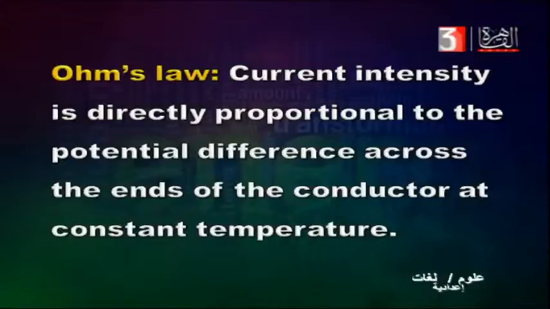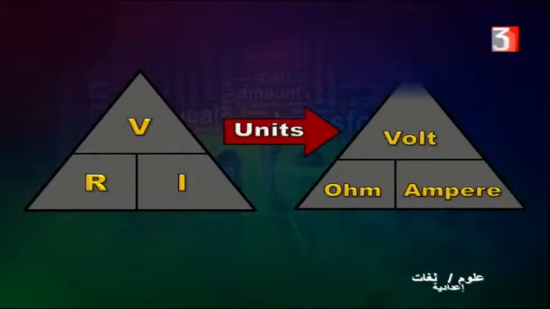So the relation between them is directly proportional, and this is Ohm's law. Here we have the rule: R, which is electric resistance, equals potential difference over electric current intensity.